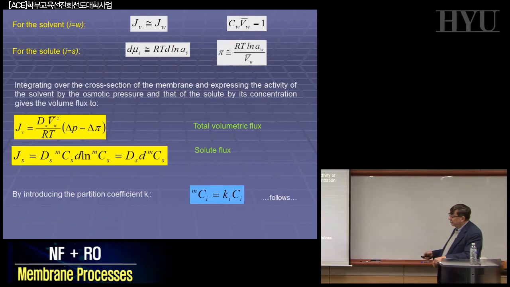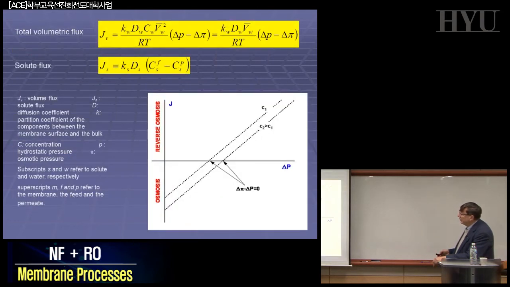Introducing this partition coefficient, concentration of the ions in the membrane phase and in the solution, you will have the final expression, which is nothing more than volumetric flux proportional to the driving force, as we mentioned already at the very early stage, through a coefficient that we call permeability, which is nothing more than the partition coefficient depending on the temperature, diffusivity, and the partial volume.